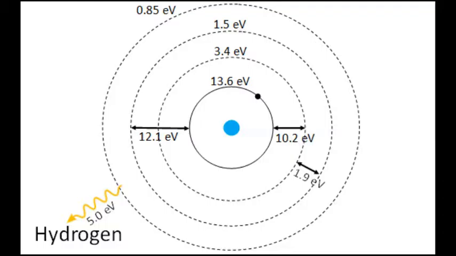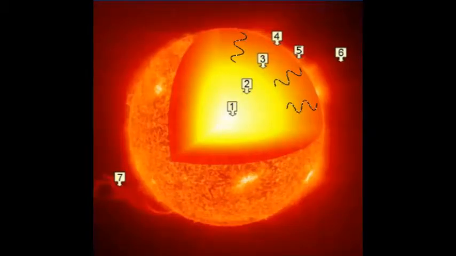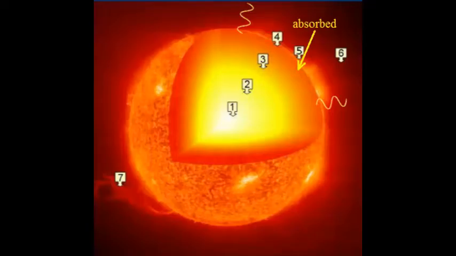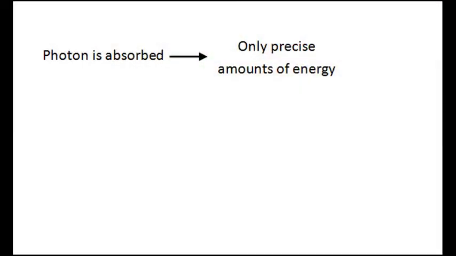So overall, what I'm getting to is the fact that when a photon is produced at the core of the star and travels outward through the atmosphere of the star, in order to be absorbed, that photon can only have precise amounts of energy. Not just any photon with any amount of energy can be absorbed.